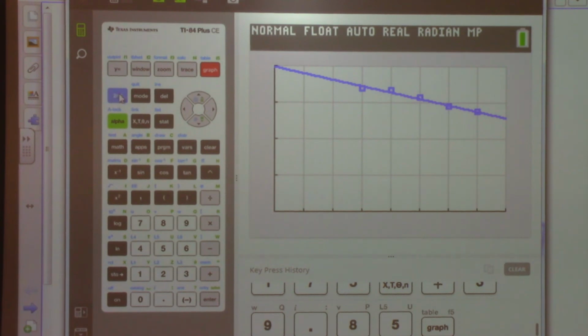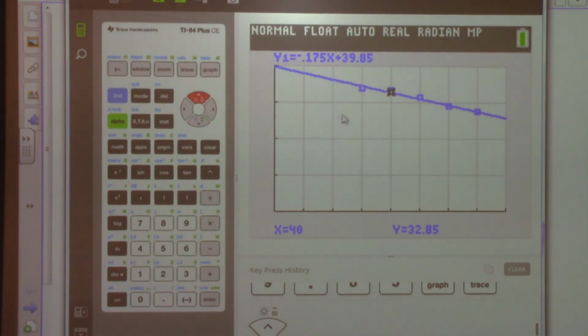So we have different ways we can do it. Steve-O had a good suggestion last time. Another way that I just talked about with Luke is you can go to trace. Once you see this equation up here, you can go over to x equals 20 or close to it. And this gets exactly there, right? So is this your answer?